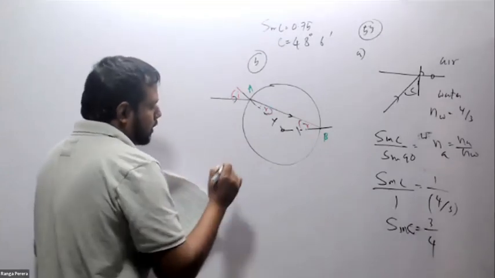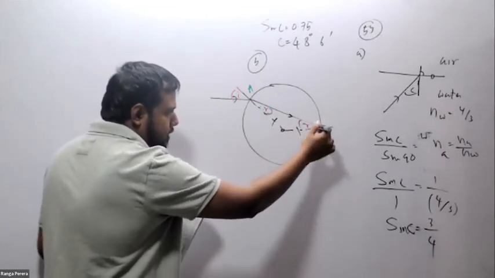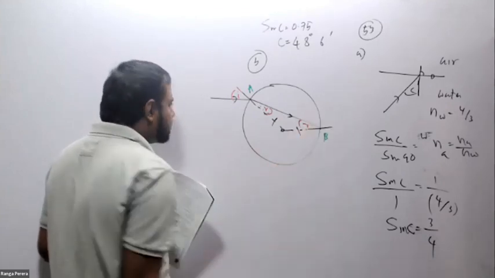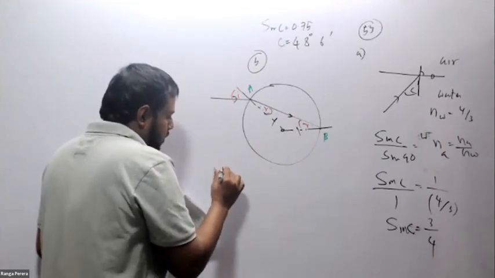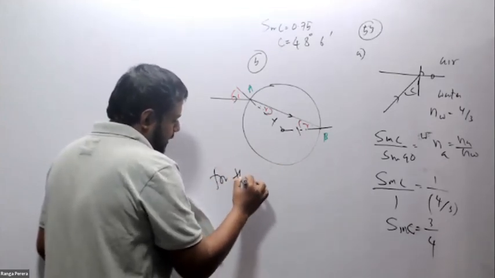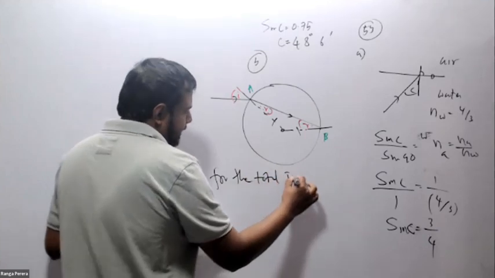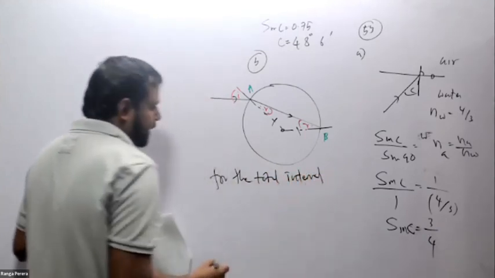How to show that? To have total internal reflection, r must be greater than or equal to the critical angle. That is the point that you should write. Please write like this, okay?